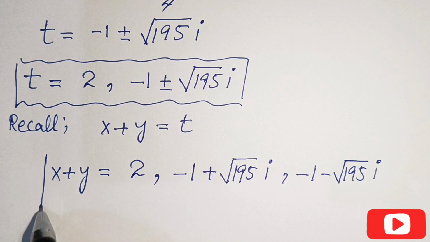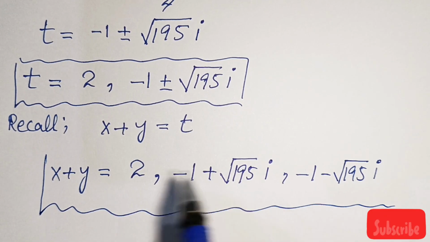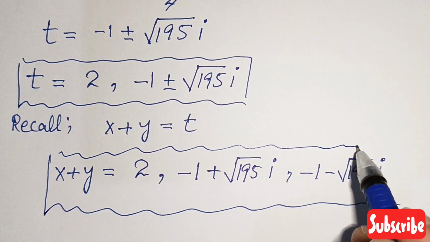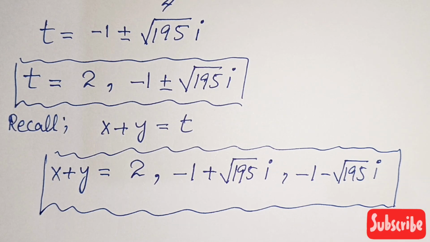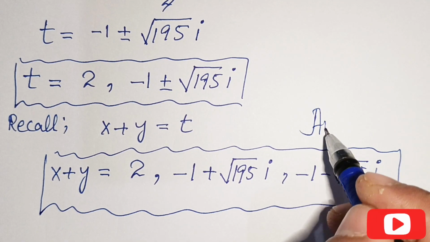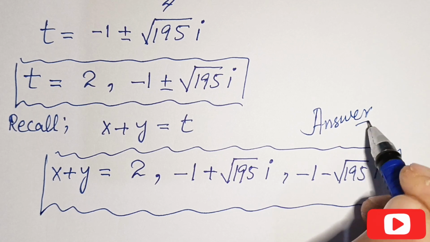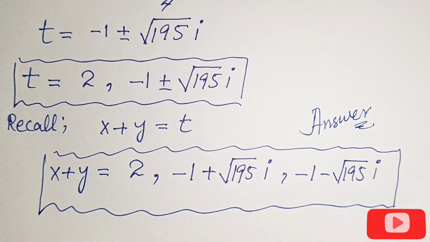So here we have three values of x plus y, and it is our final answer, it is our required result. So we have found out three values of x plus y.